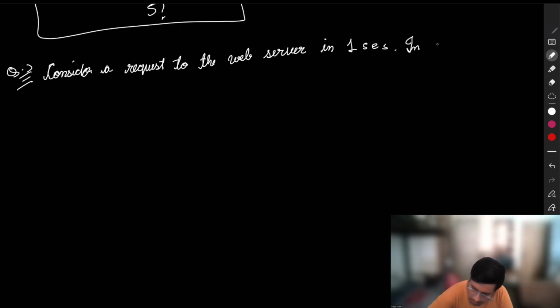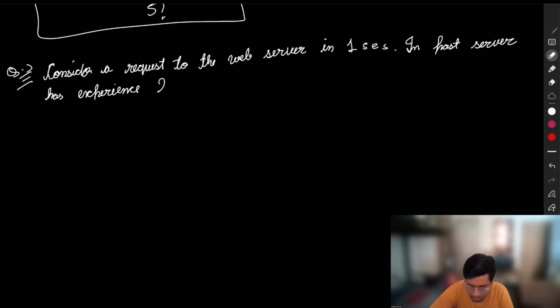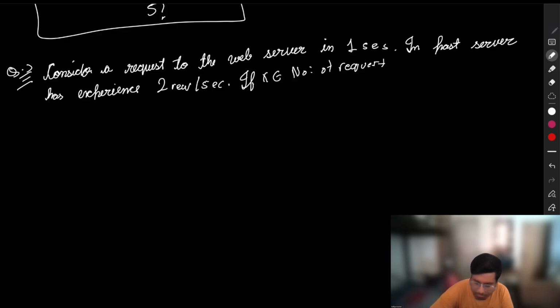In the past, the server has experienced 2 requests per second. If x is the number of requests per second, find P(x less than 5).